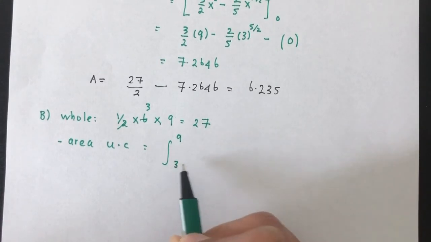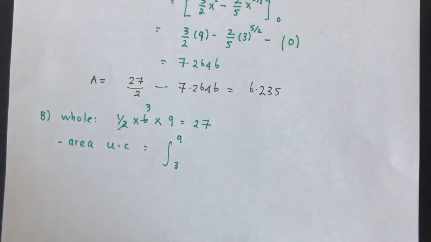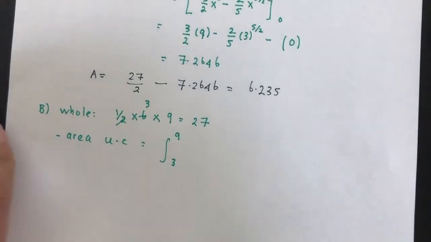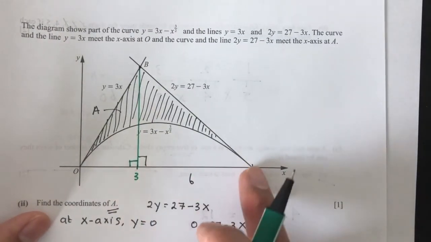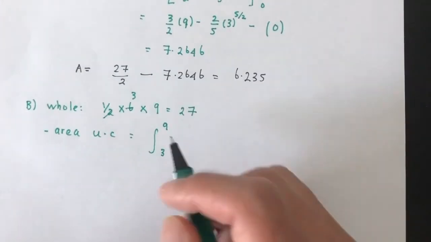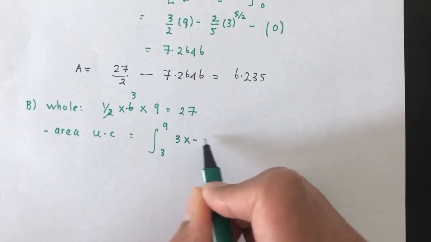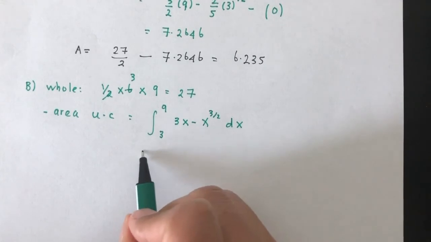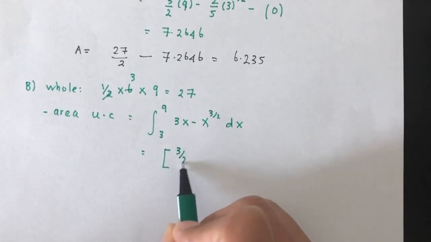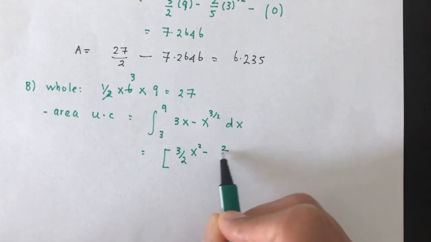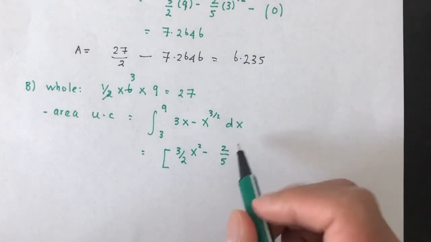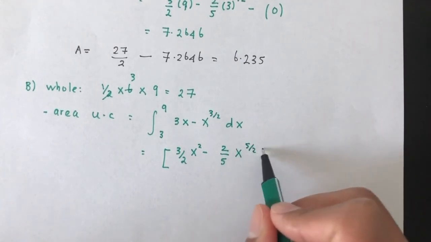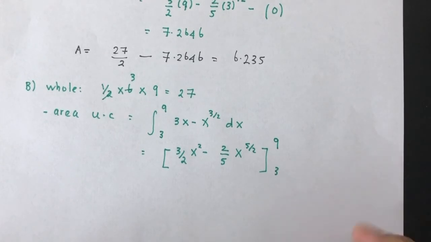Now the area under the curve this time is the same integration, but between 9 and 3. As you can see, we have to find the area below the curve from this to this. So we have to minus this side, right? So that will be the integral of 3x minus x to the 3 over 2 dx, which is equal to the same thing we did before, which is 3 over 2 x squared minus 2 over 5 x power 5 over 2 between 9 and 3.